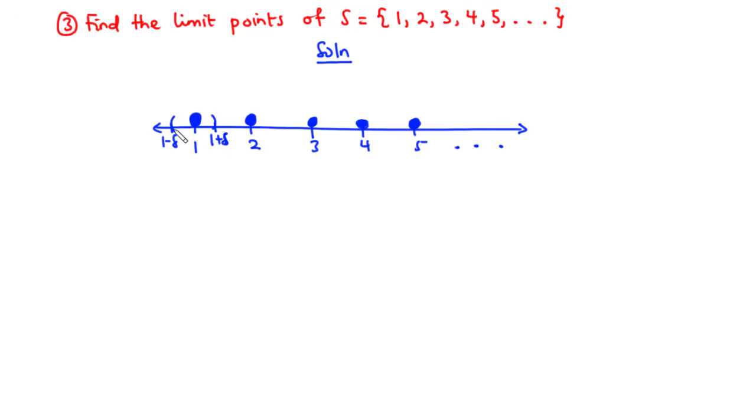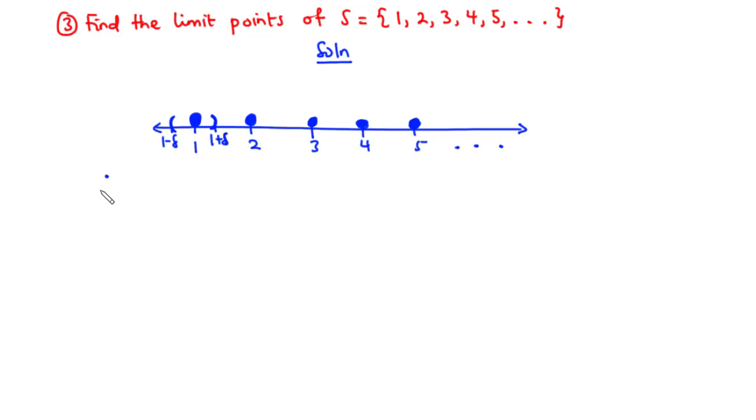Now the intersection of the delta neighborhood of 1 and S contains only one element, which is 1. Therefore, since it does not contain infinitely many points, it means that 1 cannot be a limit point. The same applies to 2, to 3, to 4, to 5, and so on.